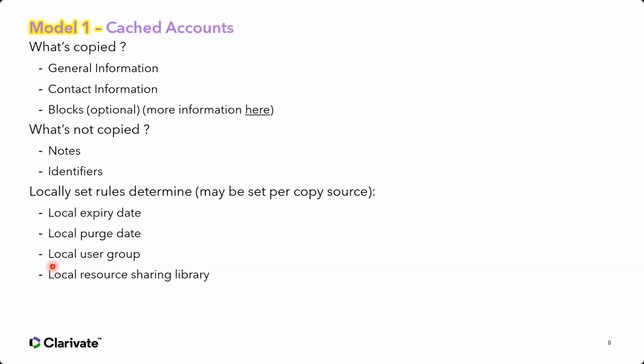And then going back to that purge scenario, you could have a purge job running at institution B that says purge all accounts that have a user group of guest account and their purge date is in the past. And this will be your routine way to remove these accounts from your local institution B.